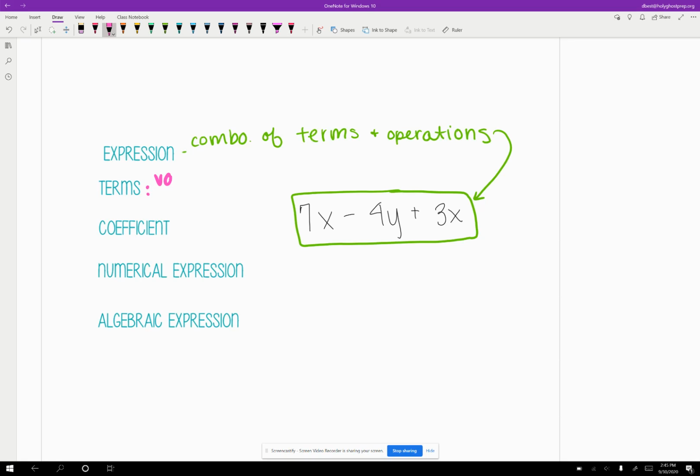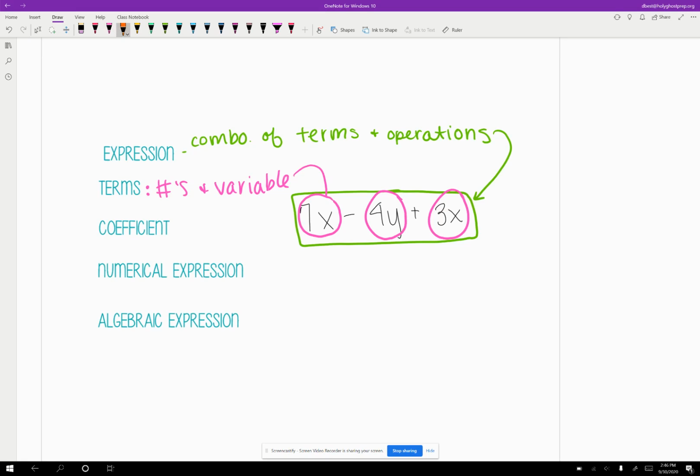These are our values, and this combines both the numbers and variables in our expression. Remember, variables are our letters that we use to represent numbers we don't know about. So 7x is a term, 4y is a term, and 3x is a term.